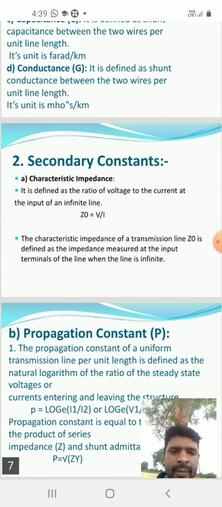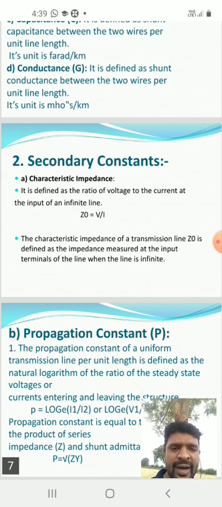The characteristic impedance of a transmission line Z0 is defined as the impedance measured at the input terminals of the line when the line is an infinite line.